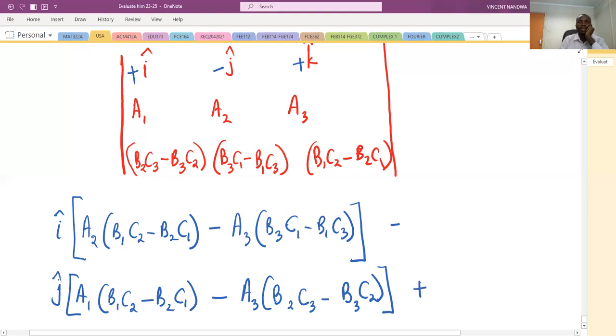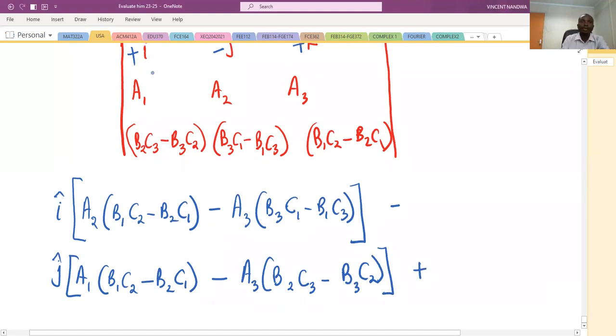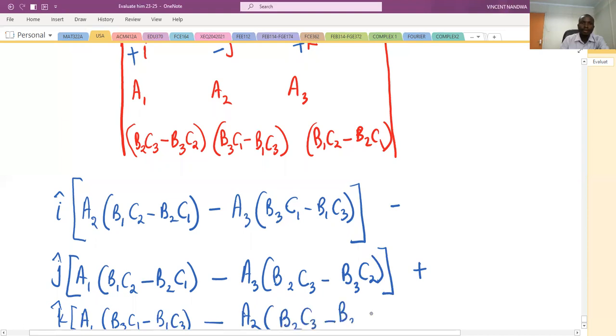And then plus k, then close this and this. So we have k into, this and this deleting, so we have A1 into B3C1 minus B1C3 minus A2 into B2C3 minus B3C2.